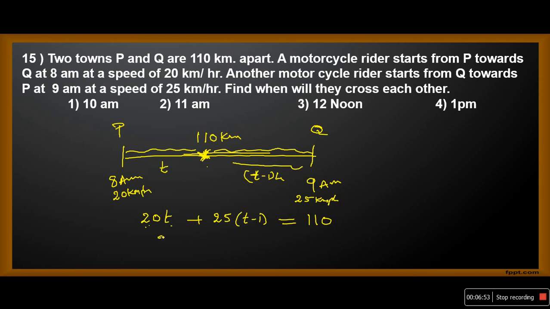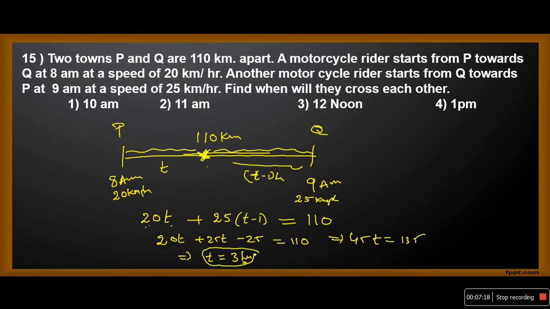So on simplification, you will get 20t plus 25t minus 25 equals 110. Send this 25 to the right hand side, you will get plus 25. So 135. 45t equals 135, t equals 3 hours.